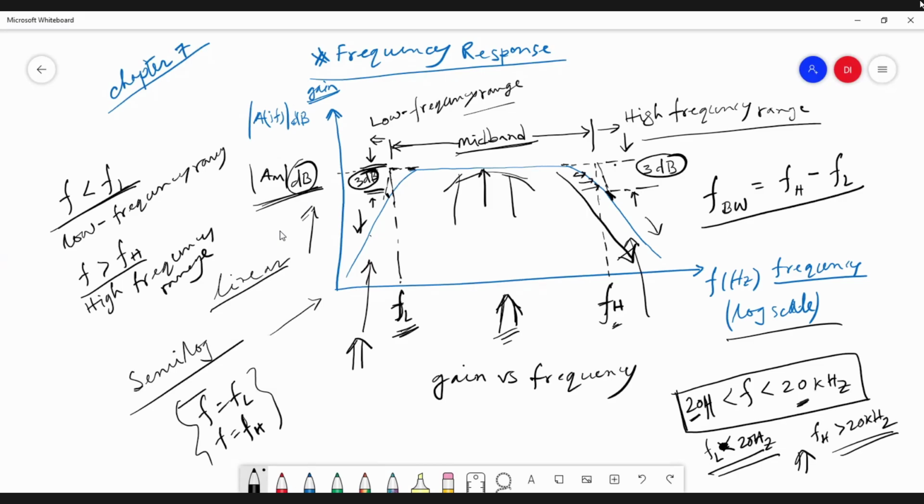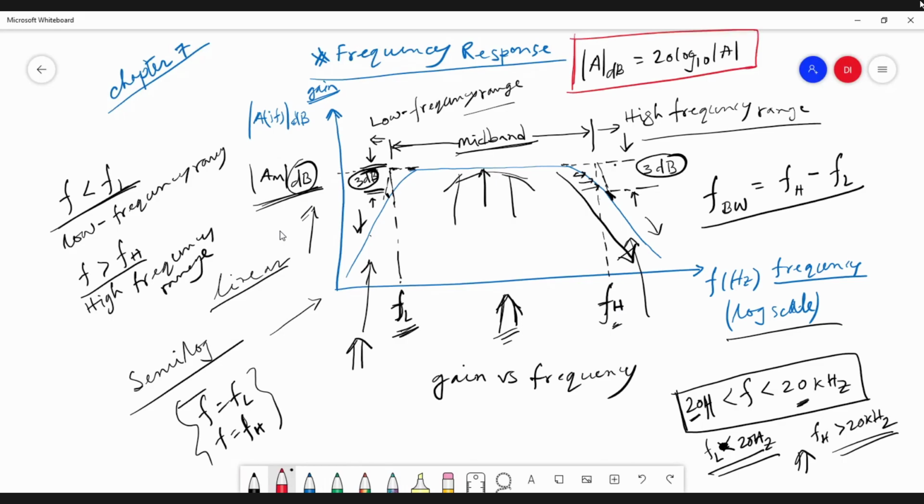So usually the gain unit is decibel, and if A is the gain and you denote it in dB, then this is basically 20 log base 10 of the magnitude of A.